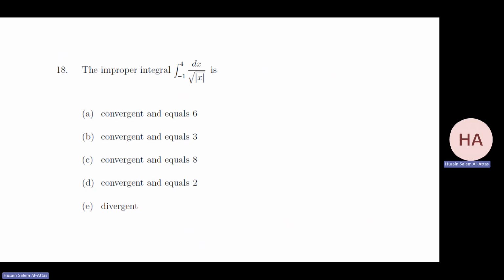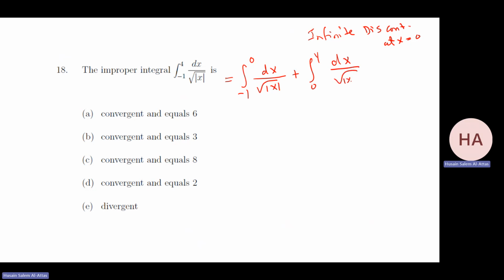Here we have a problem at 0. So I have an infinite discontinuity at x equals 0. Let me do the calculation. I split this integral into the integral from -1 to 0 of dx over the square root of absolute value of x, plus the integral from 0 to 4 of dx over the same.